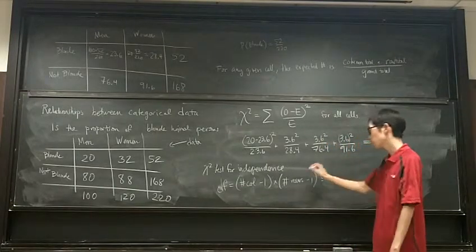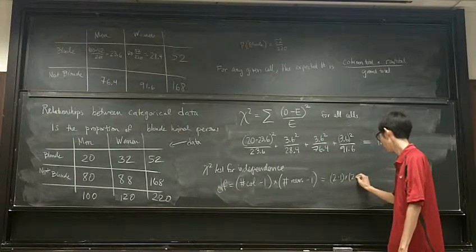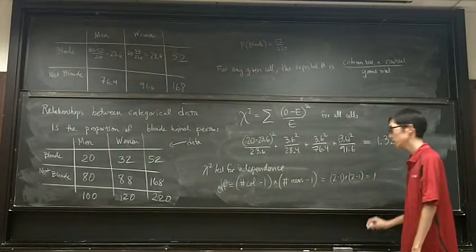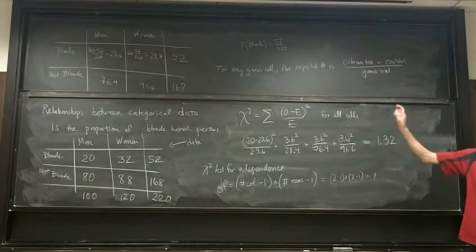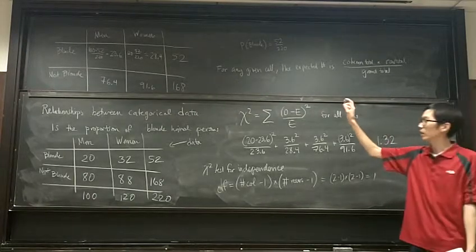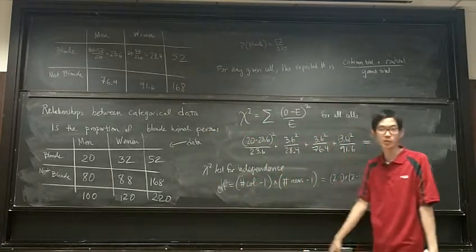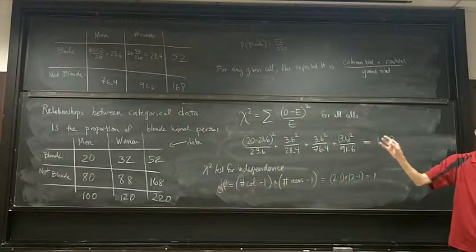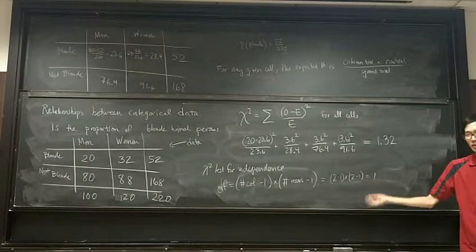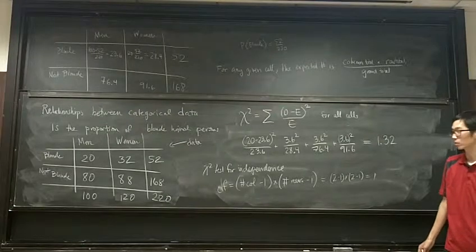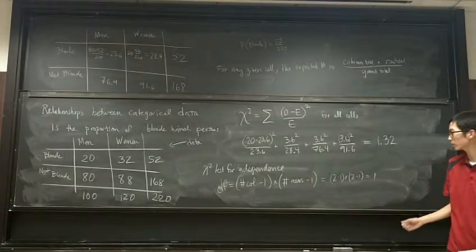So here I've got 2 columns minus 1 and 2 rows minus 1, so I've got 1 degree of freedom. As soon as we put in 23.6 for the number of blonde-haired men that we expect, the other 3 cells were locked into position. There was no ambiguity about what value those cells would be. So I've got 1 degree of freedom.